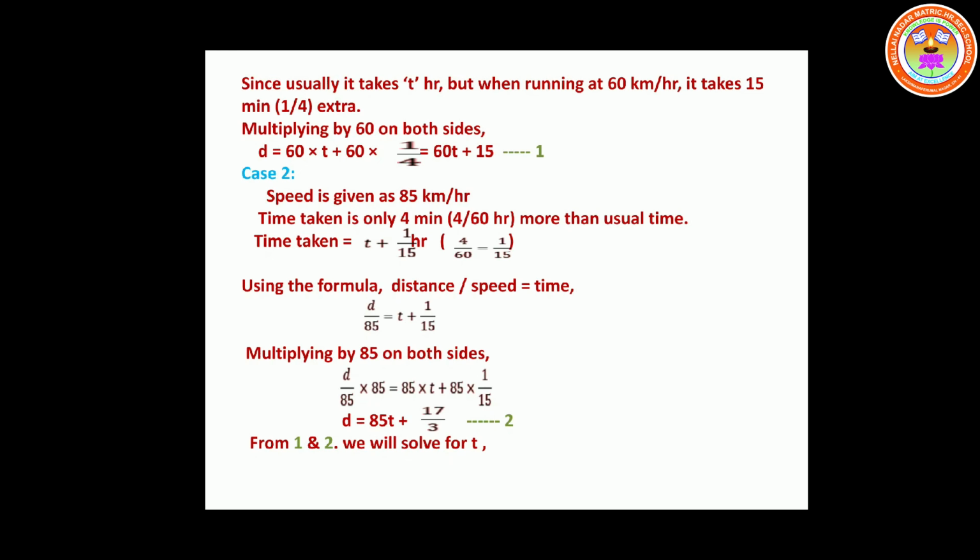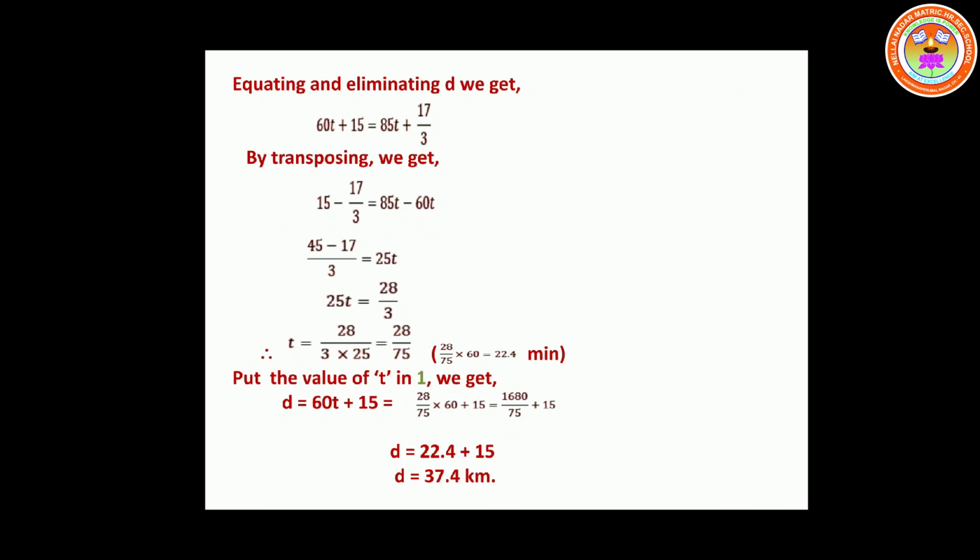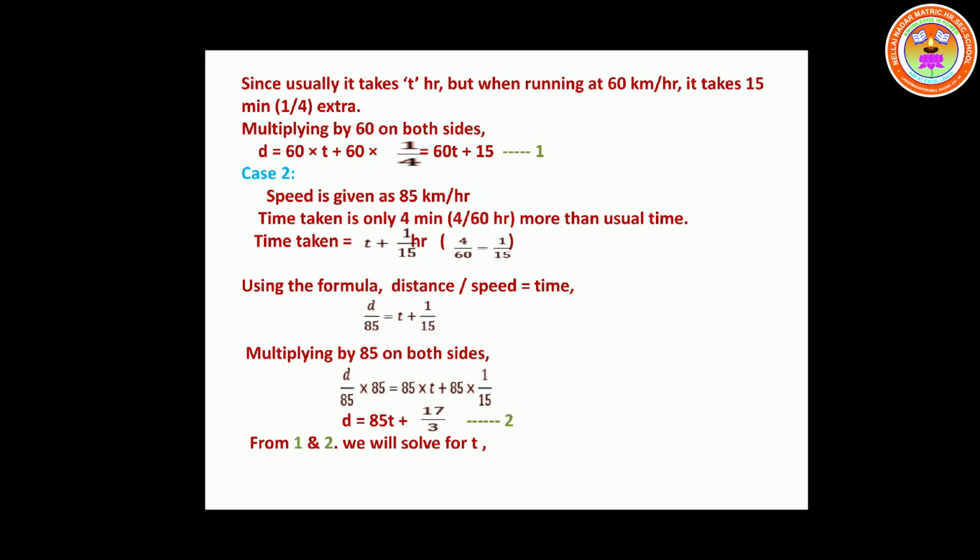So I am going to take the first and second equation and solve it for t. When you look at the previous equations 1 and 2, both my left hand sides are d. So since both are d, I am going to equate 1 and 2.